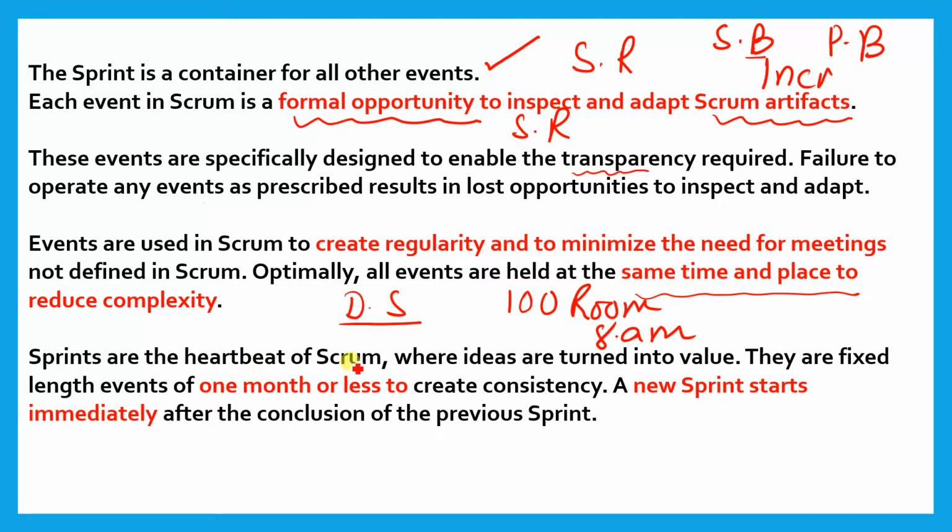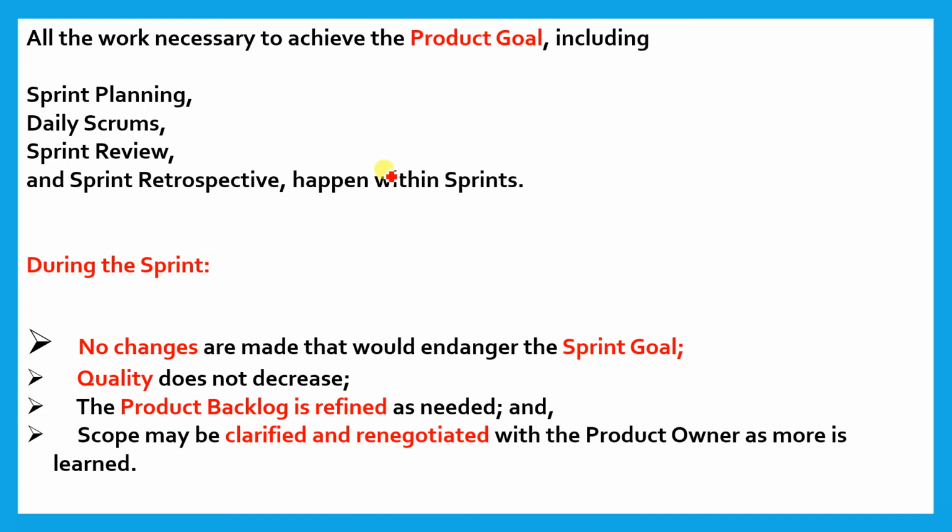Sprints are the heartbeat of Scrum, where ideas are turned into value. They are fixed length events of 1 month or less to create consistency. A new sprint starts immediately. This question might also come in the exam. When the new sprint starts, you have to select immediately after the conclusion of the previous event.